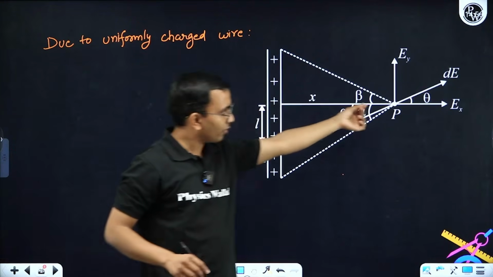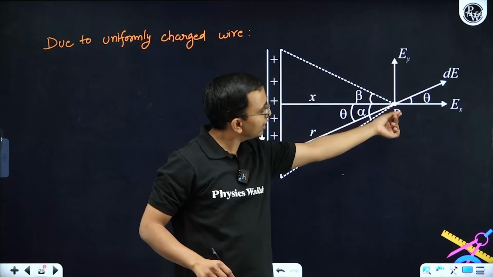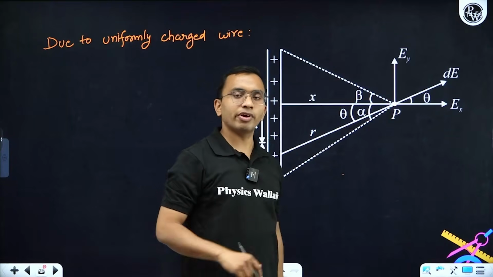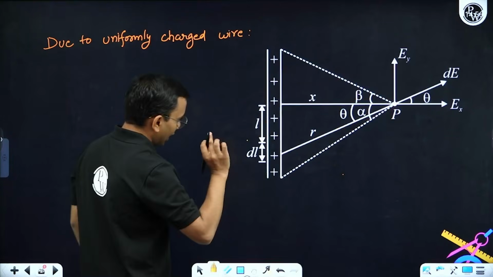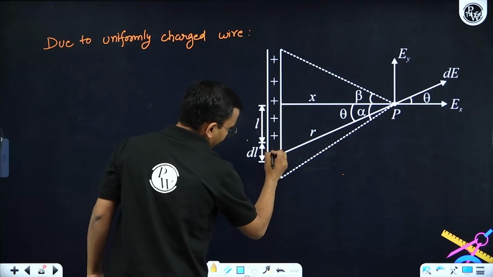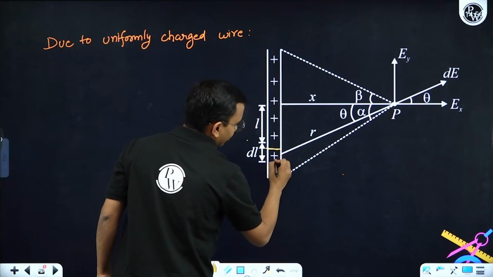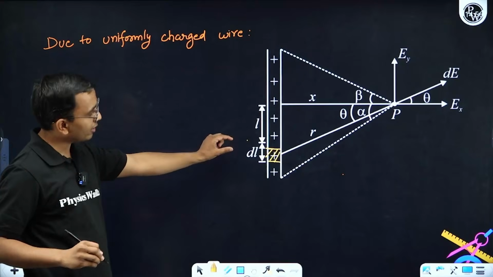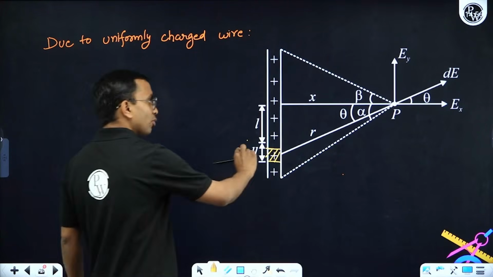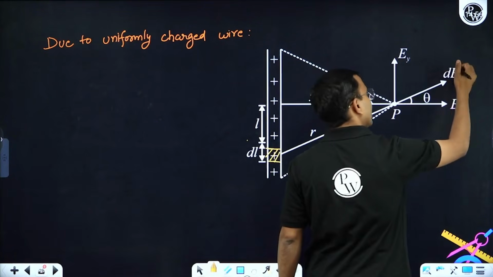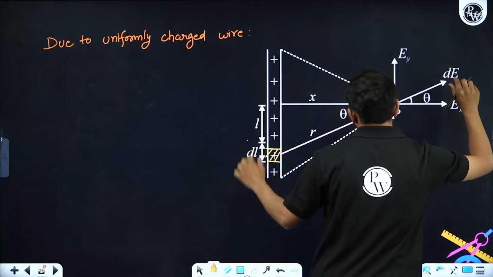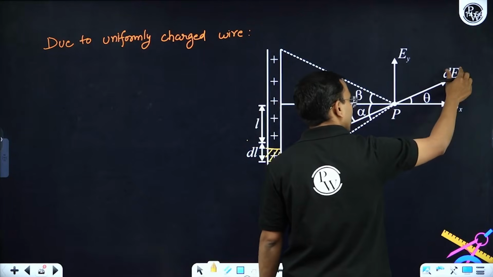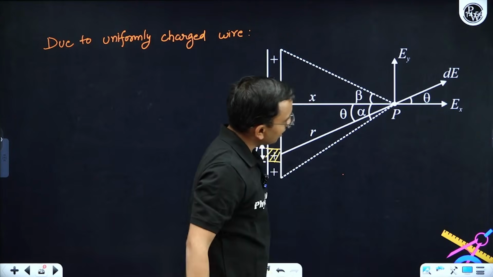Due to that, write the electric field there, dE, then integrate to find the total electric field. So that particular point I am taking here, let us take this small section. This small section has length dl. Due to this small section, the electric field is dE there.